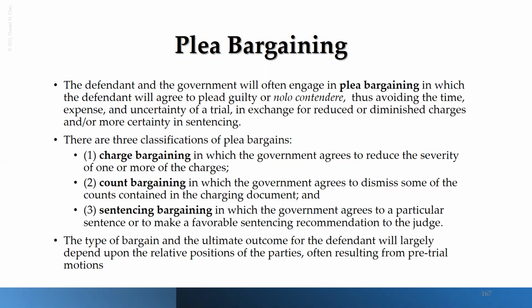Now, sometimes the judge is not going to be okay with it. The judge is going to say, are you kidding me? Probation? This carries a 5-year mandatory minimum at best, right? And the judge just loses their mind. The judge can reject the guilty plea. The judge can say, you know what? No, I'm not going to give probation.